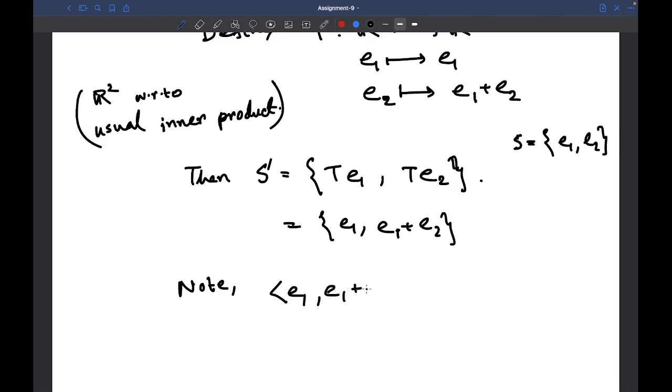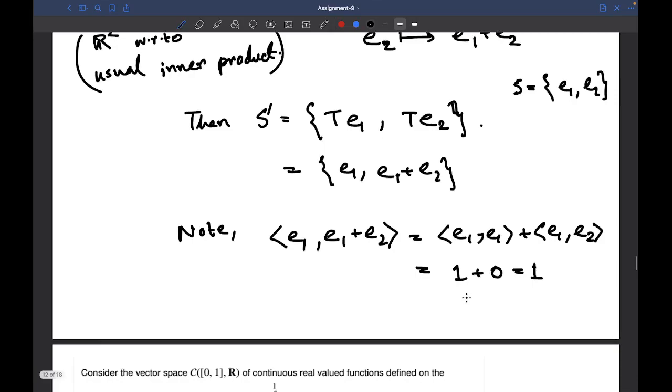E1 inner product with E1 plus E2. It will be E1 inner product with E1 plus E1 inner product with E2. So this will be 1 and this is 0, because these two are orthogonal.